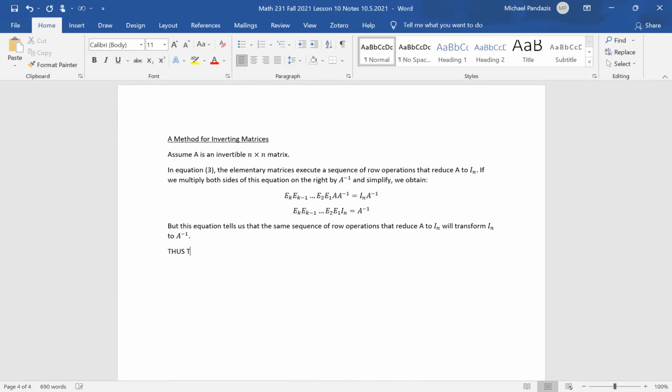And so, thus we have established the following result. This is called the inversion algorithm.